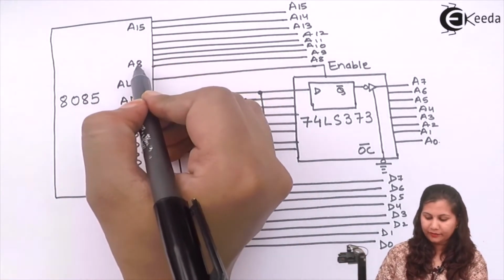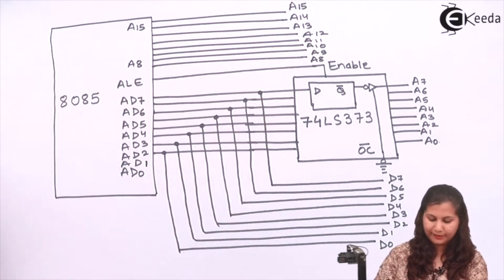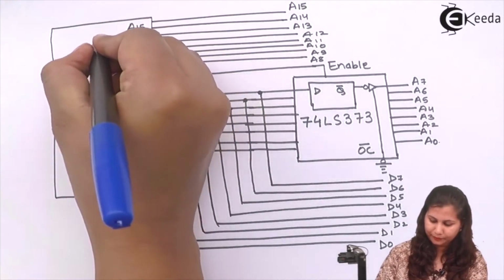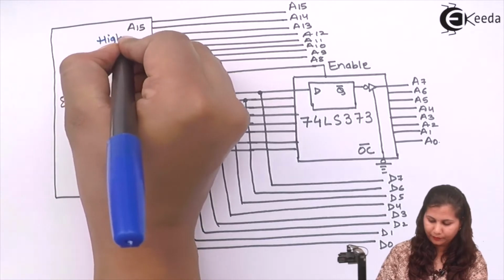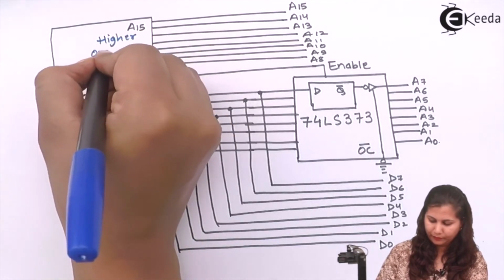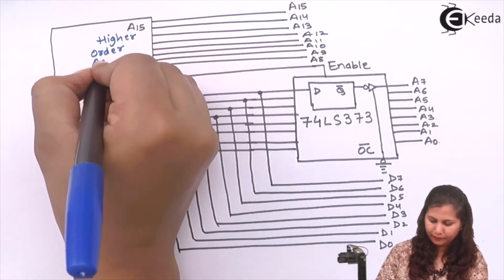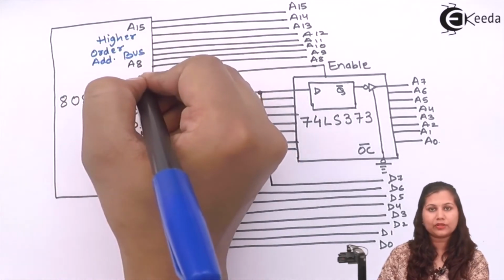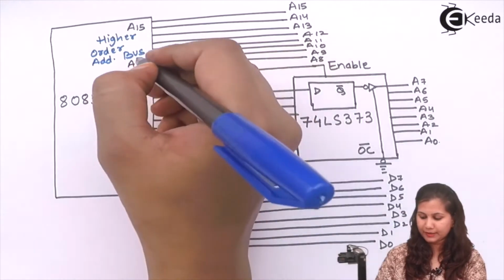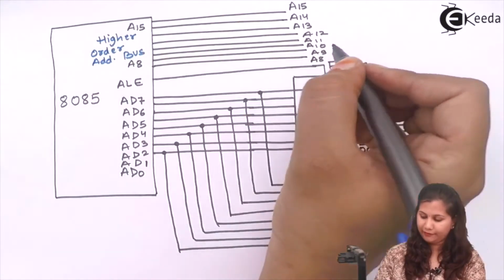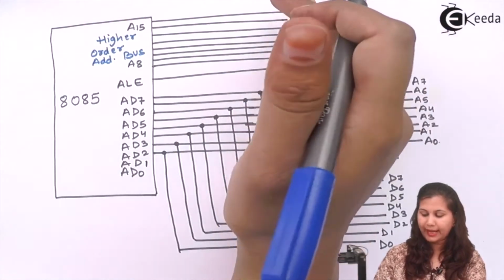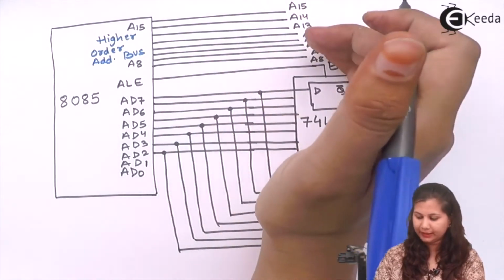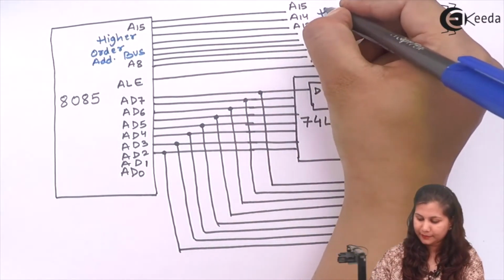You can see here we have the higher order address bus available. We have 8 bits of the higher order address bus starting from A8 to A15, and at the output also we are getting the higher order address.